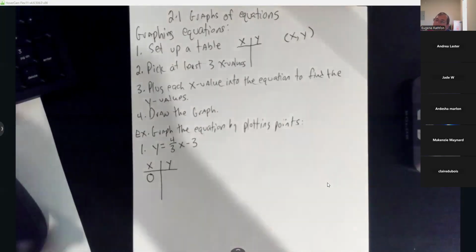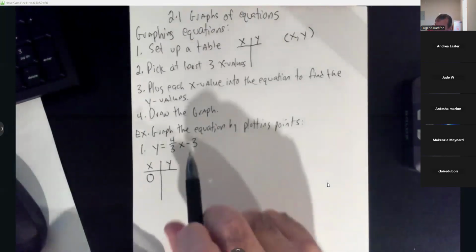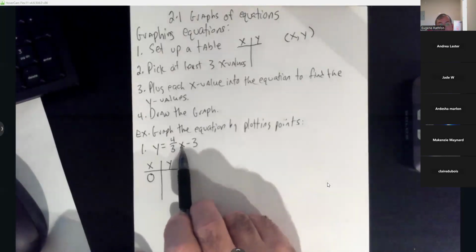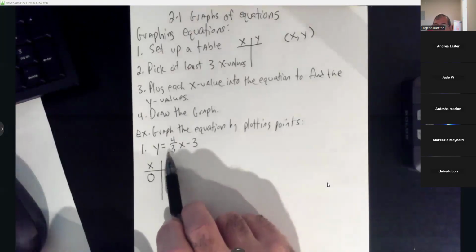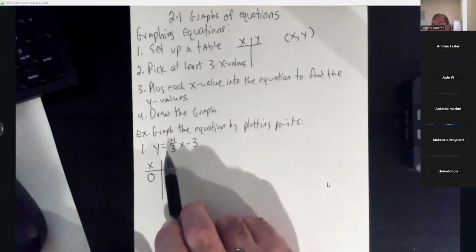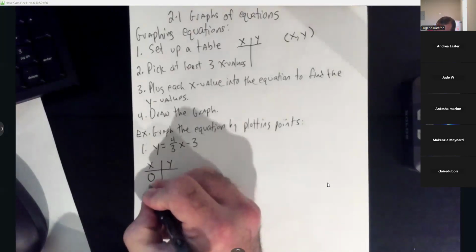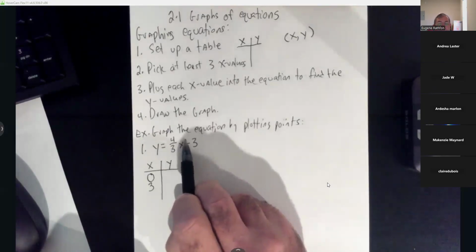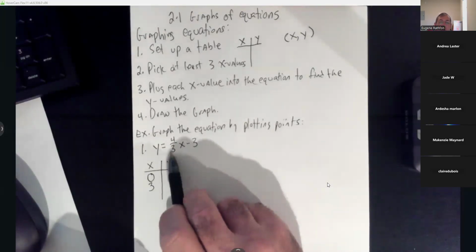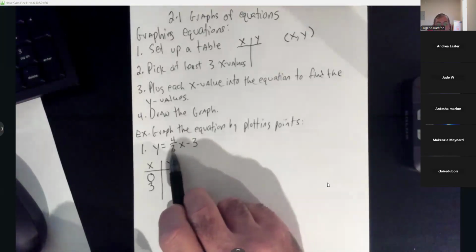Now, in order to avoid having to graph fractions or decimals, the easiest thing would be to pick x values that can sort of eliminate that fraction's bottom. So y'all, what I mean by that, I'm going to choose 3 for one of my x's. Because if I put a 3 here, those 3's would cancel out when I multiply that. So that sort of gets rid of the fraction.